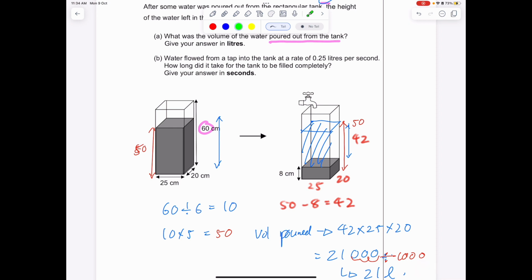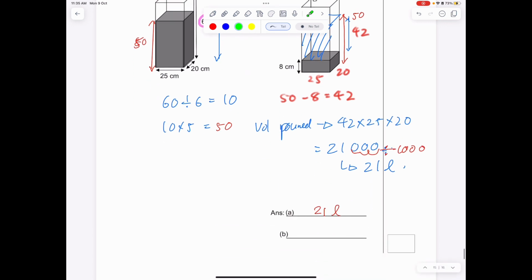The whole entire thing here is 60. So if this is 60, we need to subtract away your 8. So this is the amount that is unfilled, the height here. So the unfilled height is actually 60 minus away 8. Your answer is 52.